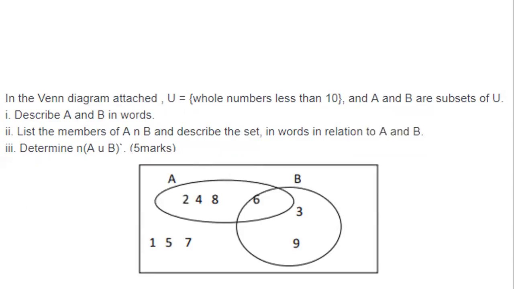One way is to list, and the other way was to use words. But I asked you to write a sentence. If you look at the elements in both sets and describe them, in set A, 2, 4, 6, 8, those are clearly multiples of 2. B, those are clearly multiples of 3. But you could say multiples of 2 less than 10, then multiples of 3 less than 10. So that's what you were supposed to do.